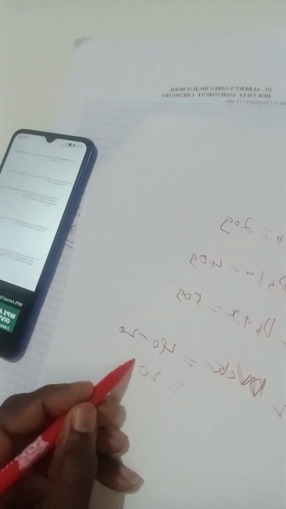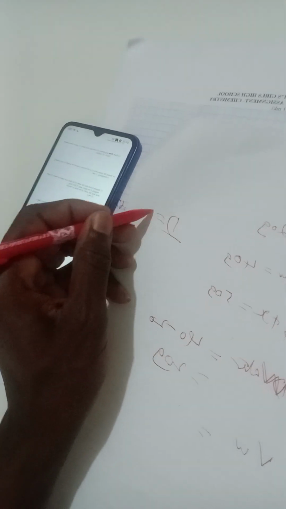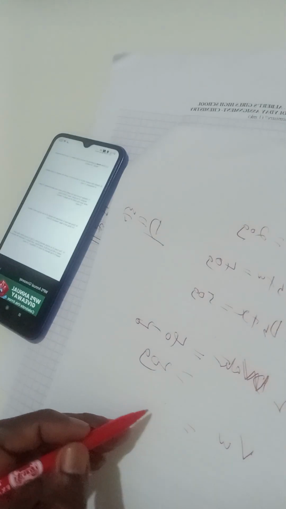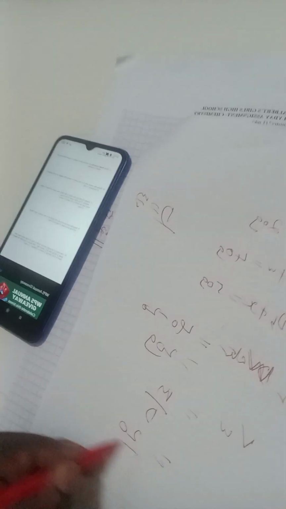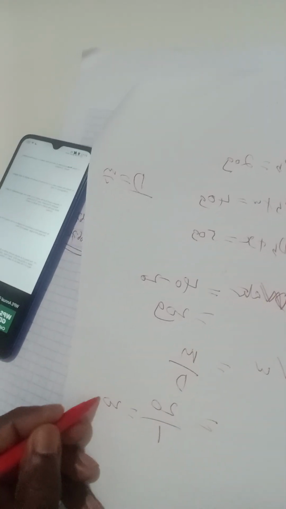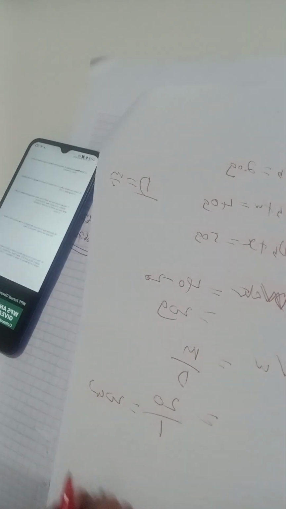So it will be 20 grams, the mass of water alone. Then the volume of water: if density is mass over volume, volume is equal to mass over density. The mass is 20, and the density of water is always 1 gram per centimeter cubed. That will be 20 centimeters cubed.